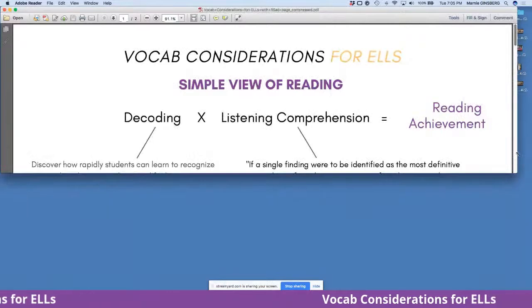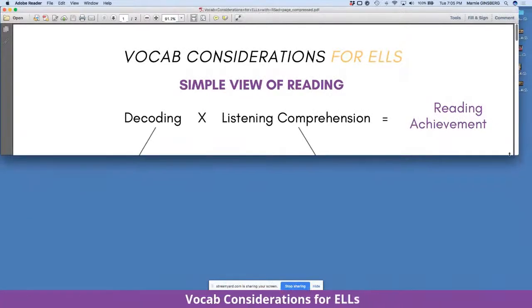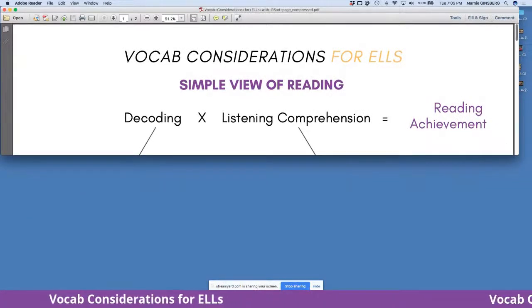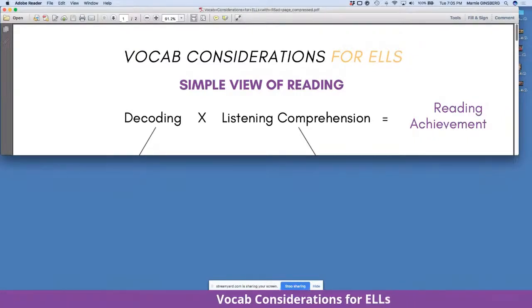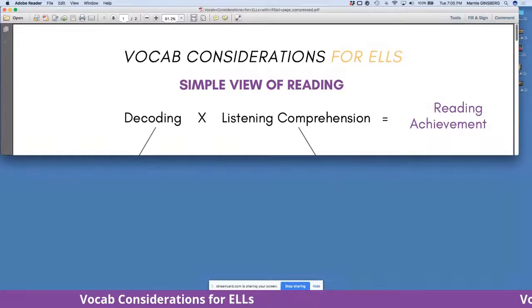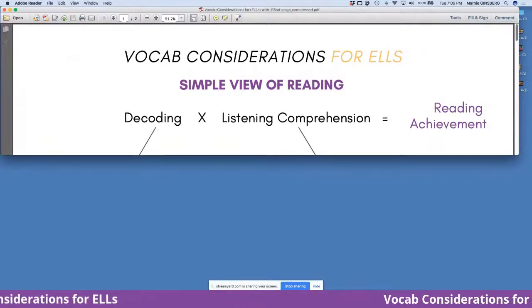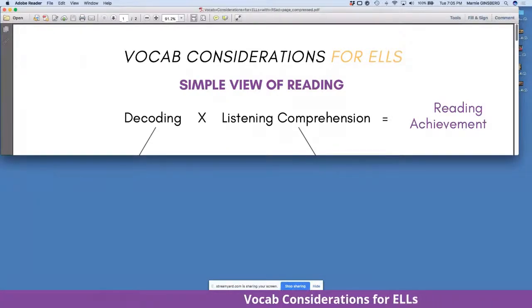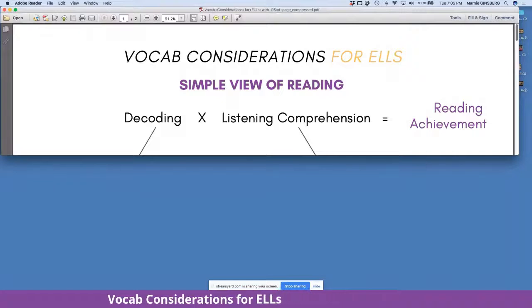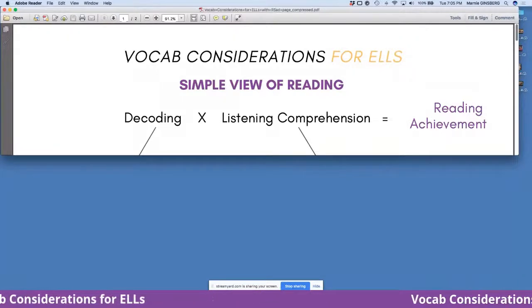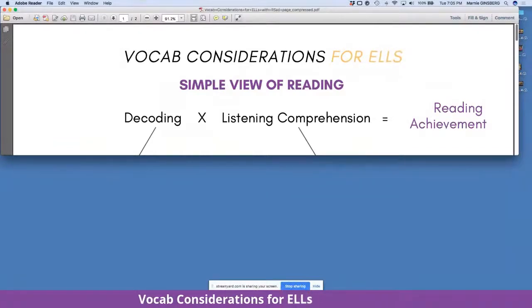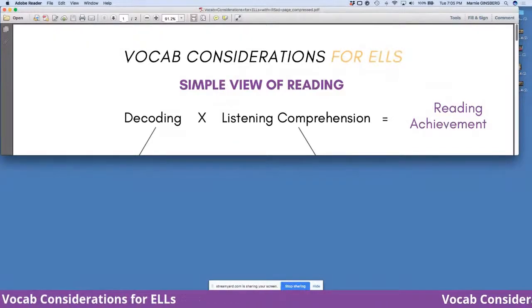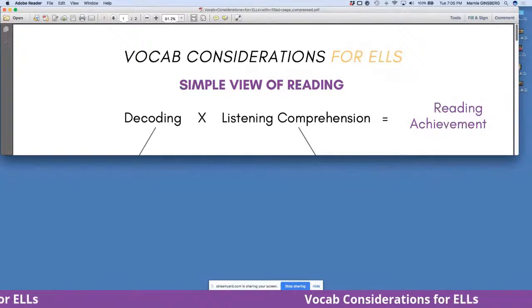So we need to think about the simple view of reading achievement as the product of decoding and listening comprehension. In other words, if you're going to be a good reader, you have to, of course, be able to recognize the words, lift the words off the page, and then secondarily, you have to have the comprehension of the concepts, including the words, including the vocabulary, right?